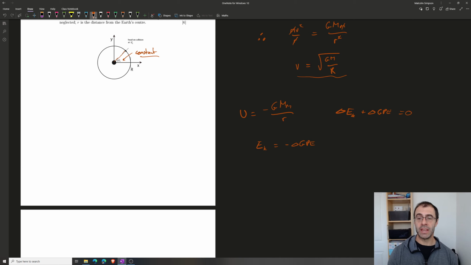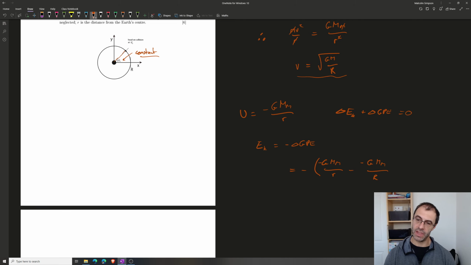So change in GPE is final minus initial. So that is minus the final GPE minus the initial GPE. So the final GPE at any given time is that, minus the initial GPE, which was this. There's going to be a lot of minus signs here.